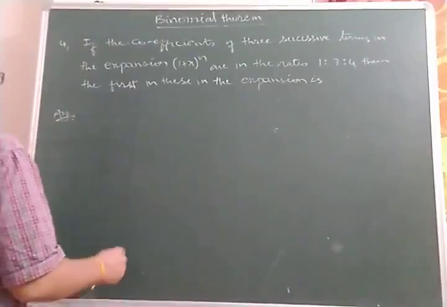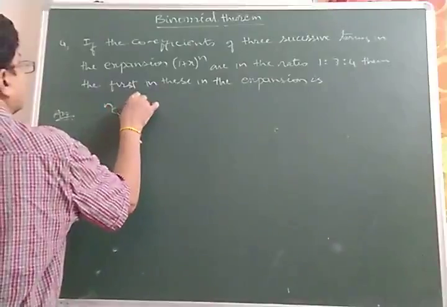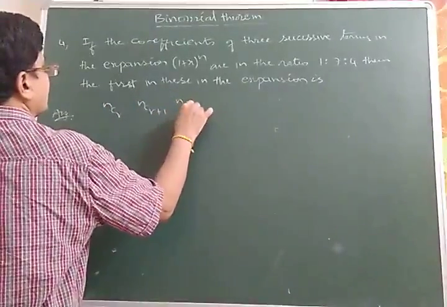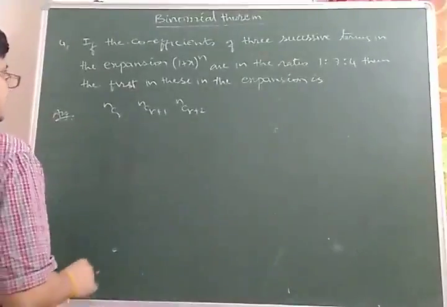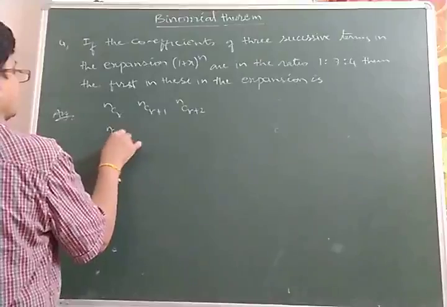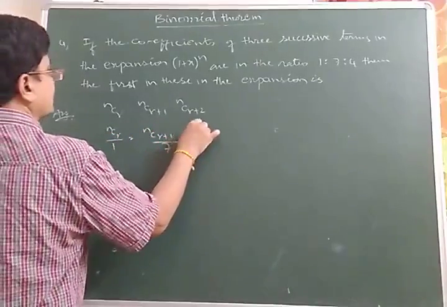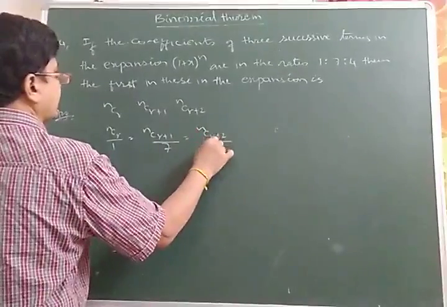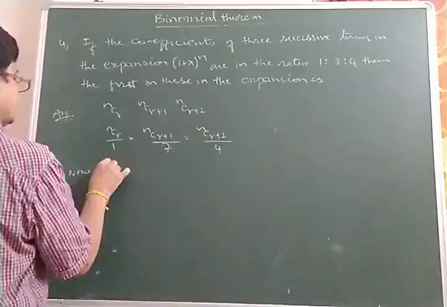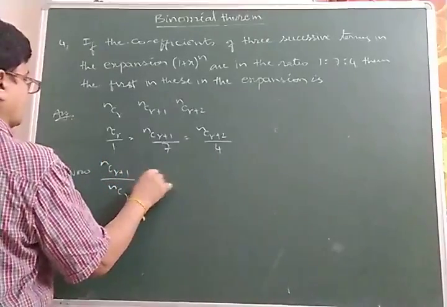That means first of all nCr, nC(r+1) and nC(r+2) are 3 consecutive terms in the expansion. So that's why nCr by 1 is equal to nC(r+1) by 7 is equal to nC(r+2) by 42. Now nC(r+1) by nCr is equal to 7 by 1.